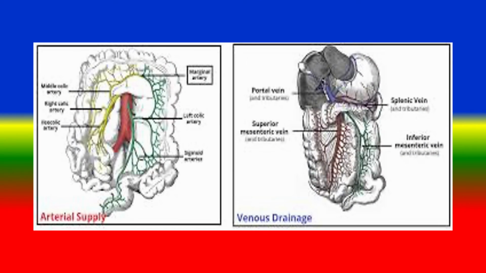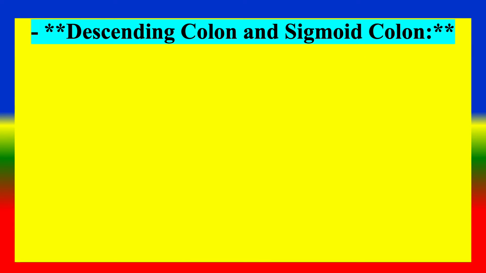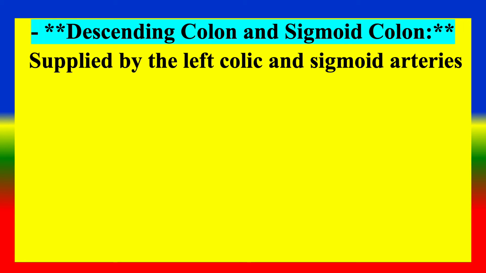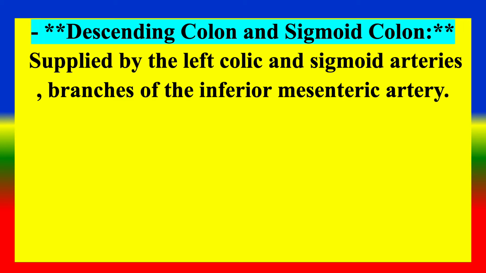Look at this picture, it shows the blood supply. Descending colon and sigmoid colon supplied by the left colic and sigmoid arteries, branches of the inferior mesenteric artery.